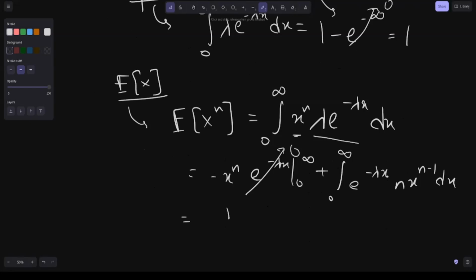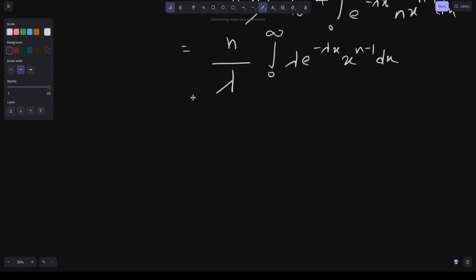So this comes out to be n by lambda times the integral of lambda e to the power minus lambda x x to the power n minus 1 dx. Just rearranging that a bit, we get E of X to the power n equals n by lambda times E of X to the power n minus 1. So we find that E of X to the power n follows this kind of an equation.